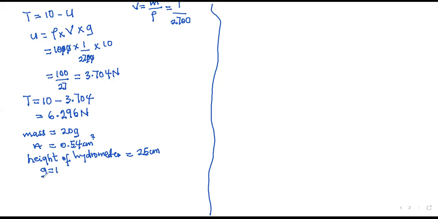The liquid is water. So the density of the liquid, we are told, is 1 gram per centimeter cube. So rho in this case is 1.0 gram per cm cube. The question demands that we find a relative density, RD, of the liquid.